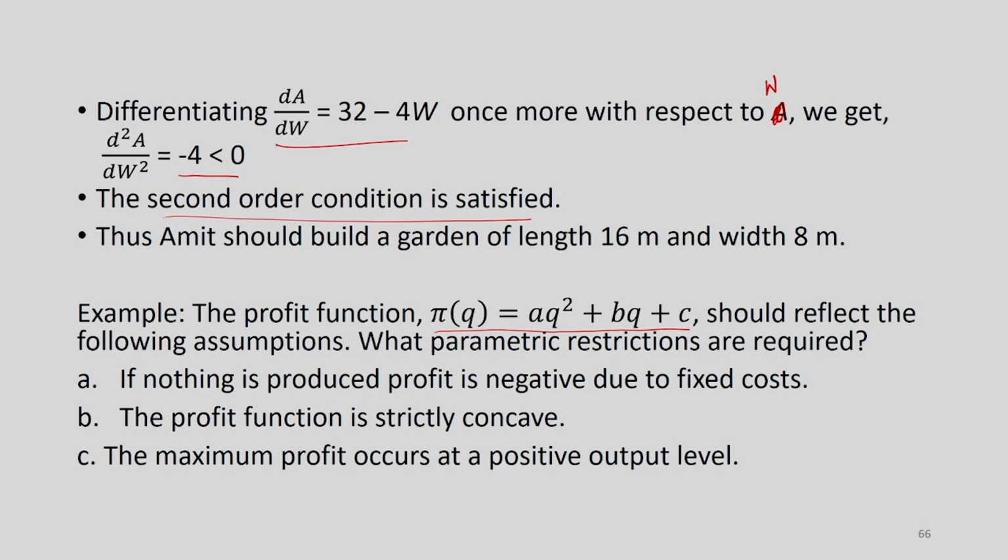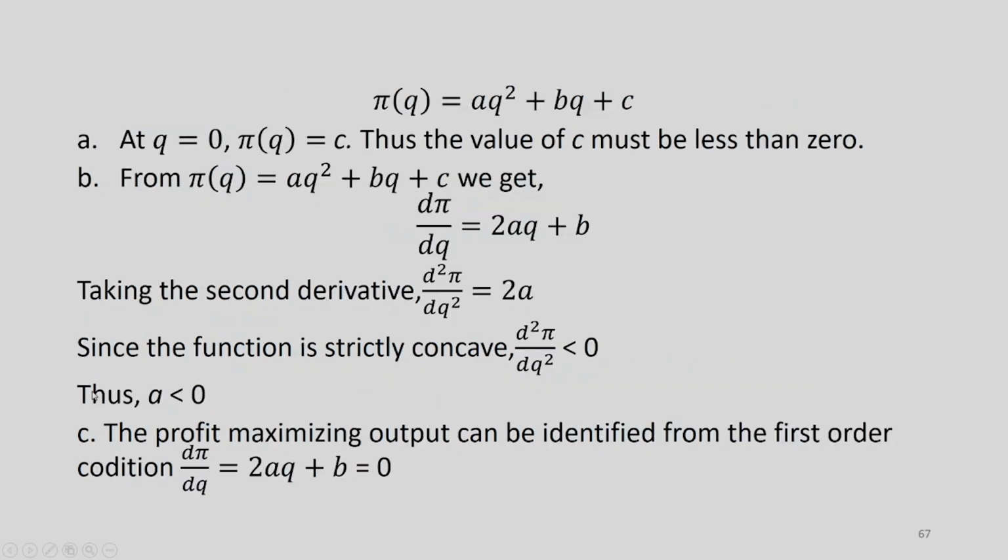First one, if nothing is produced, profit is negative due to fixed costs. This should not be very difficult to do. So, I have to find out what is the profit when nothing is produced, and whatever the quantity that we obtain should be less than 0, right, because of fixed costs. Okay, so that is the thing that we want to apply here.